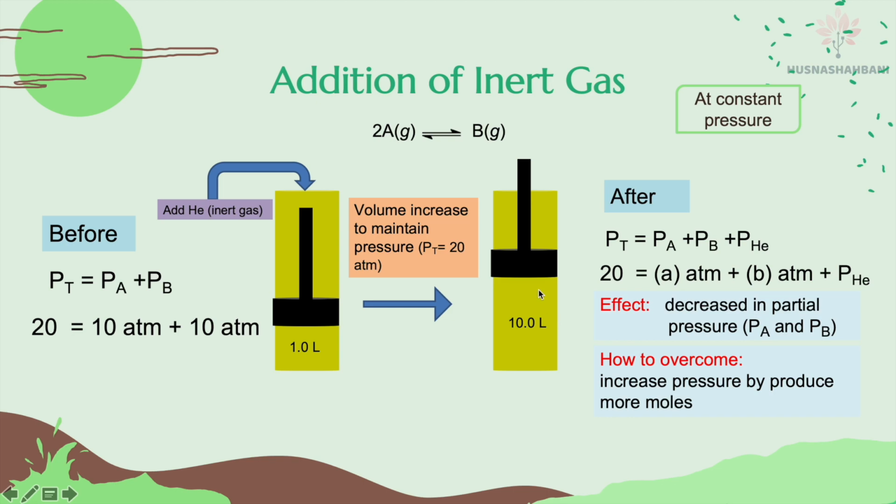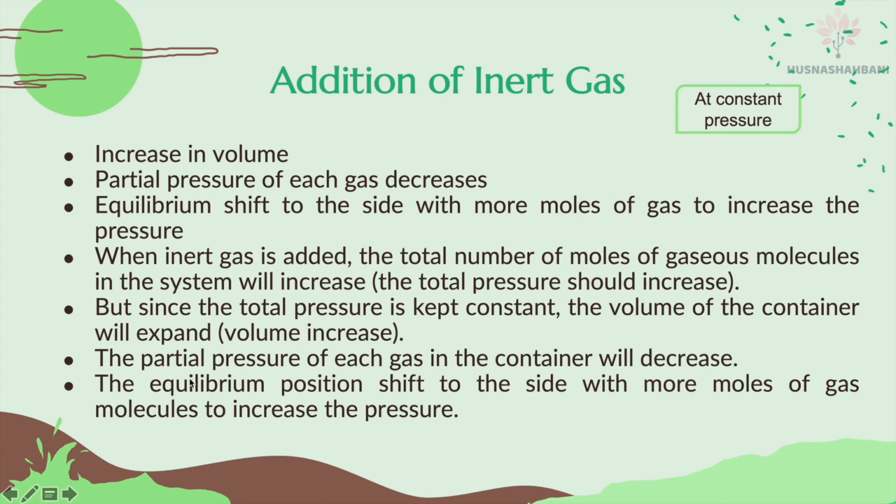The equilibrium position shifts to the side with more moles of gas, because when the partial pressure decreases, you need to increase the pressure again, so you need more moles.